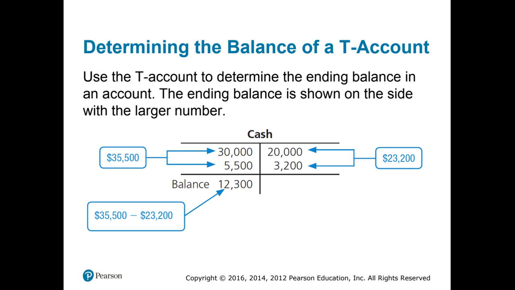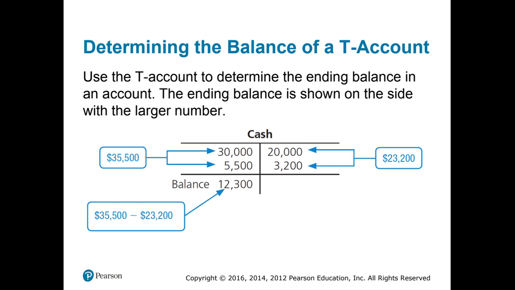This is calculated by adding each side of the account separately. So we've got $35,500 and $23,200. Then we're going to subtract the smaller number from the larger number. So we're going to take the 35,500 and subtract 23,200, and that leaves us with a remaining balance of 12,300.